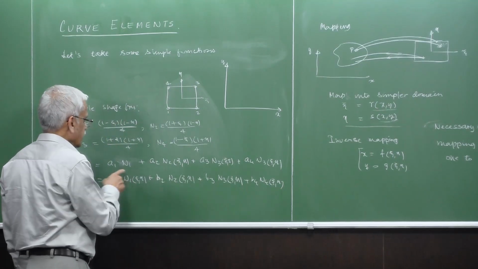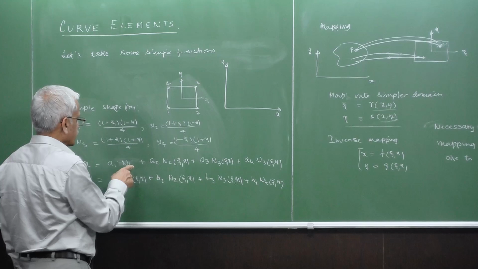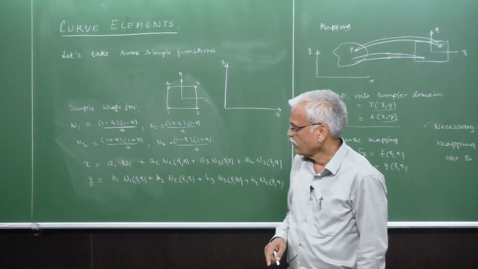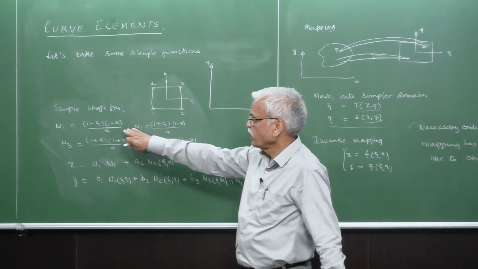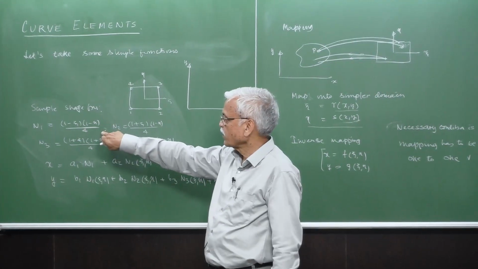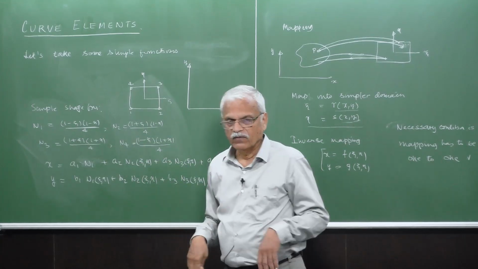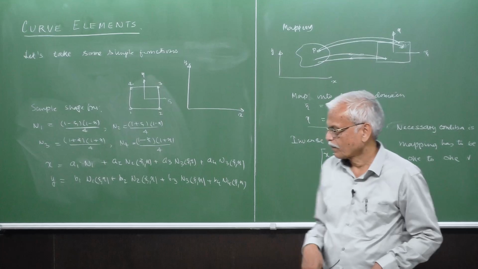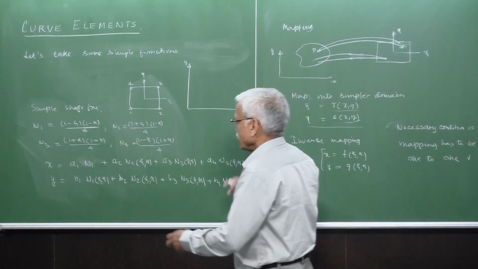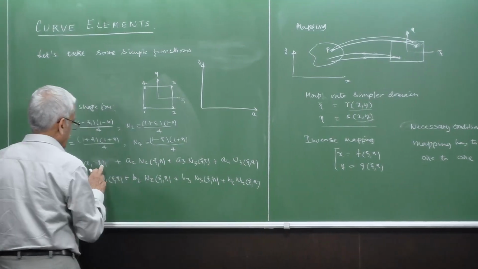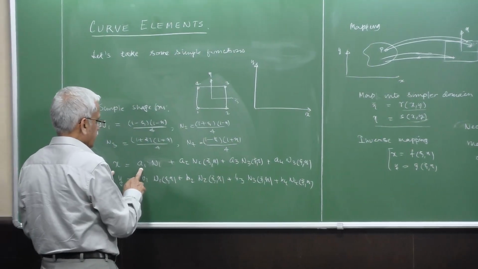And if you put it in this one, what are the values of n1, n2, n3, n4 at -1, -1? We already know that n1 will become 1 and n2, n3, n4, sorry, will become 0, right? So that means the value of x here is simply, all these things will go 0 and 1 will be 1 and x will be a1.